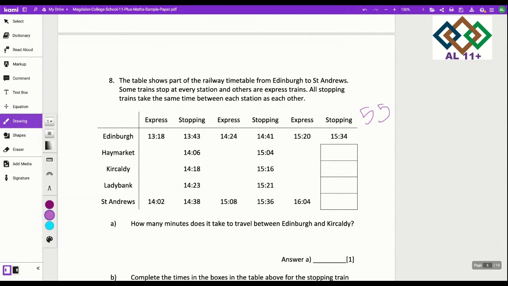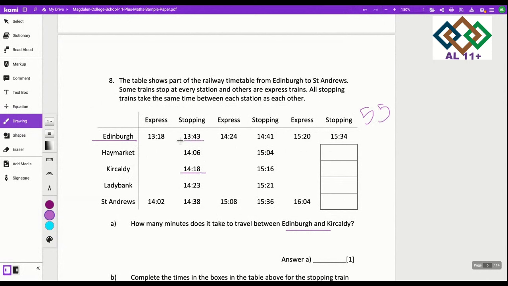So your Edinburgh is here. 1343 to Kidley here.